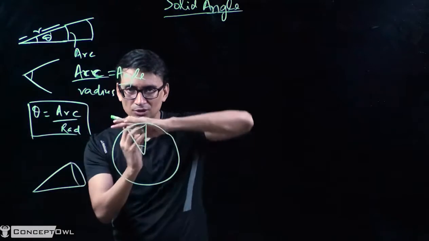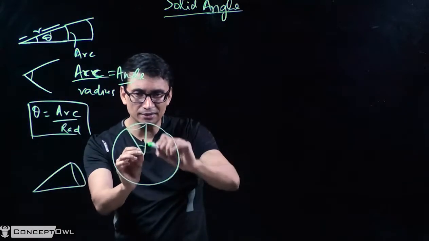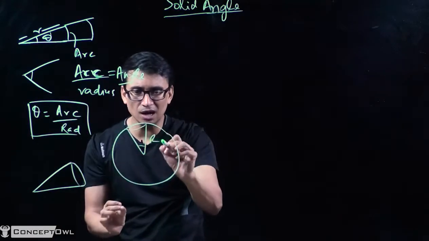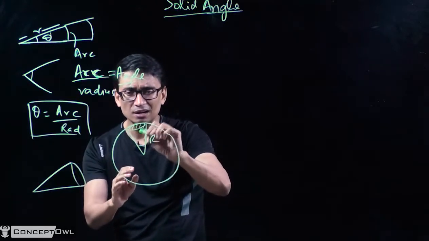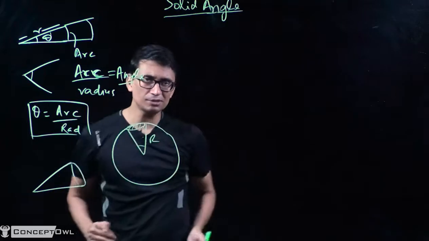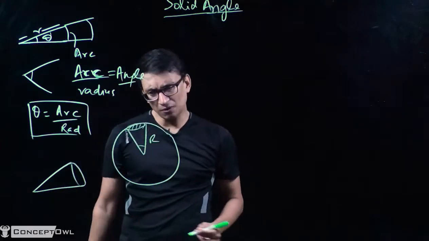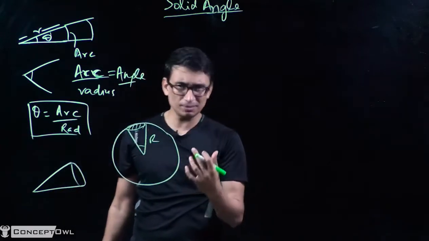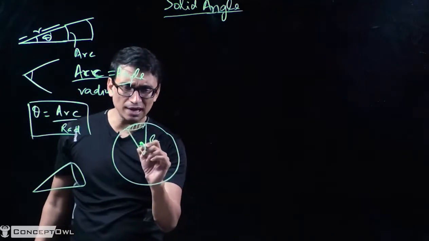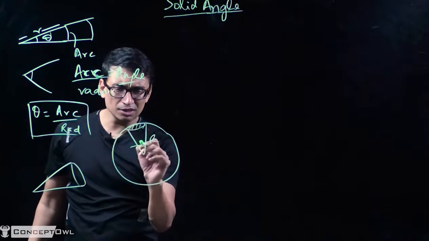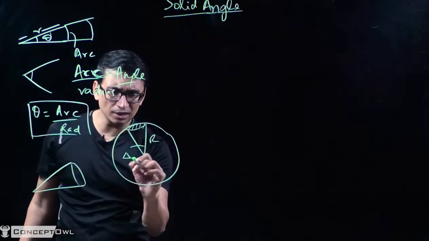Here, at distance R from the center, how much is the area at the top of the ice cream cone? So it turns out we can talk about a new concept, which we call solid angle, which is comparable to this. Let's say this is my solid angle, I'm calling it delta omega.